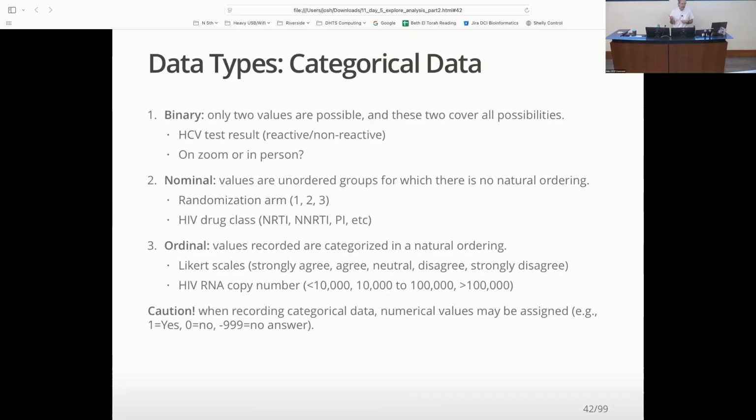So another type of categorical data is nominal. This is where you have more than two possible values. You could use nominal for two possible values, but there's some benefits of classifying that as binary data. This is where there's some sort of group assignment or group category, but there's no natural ordering for that.